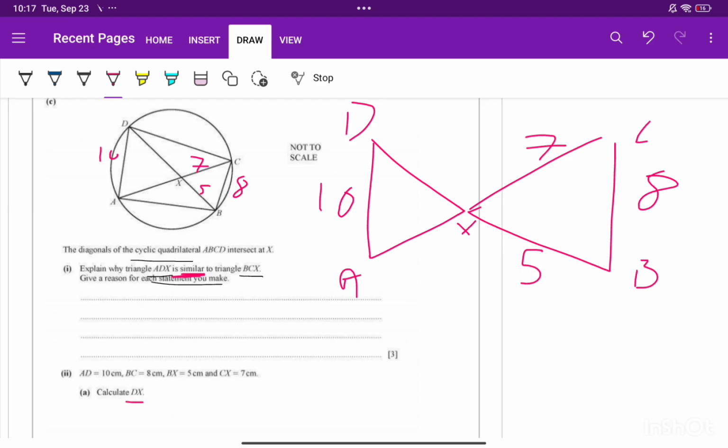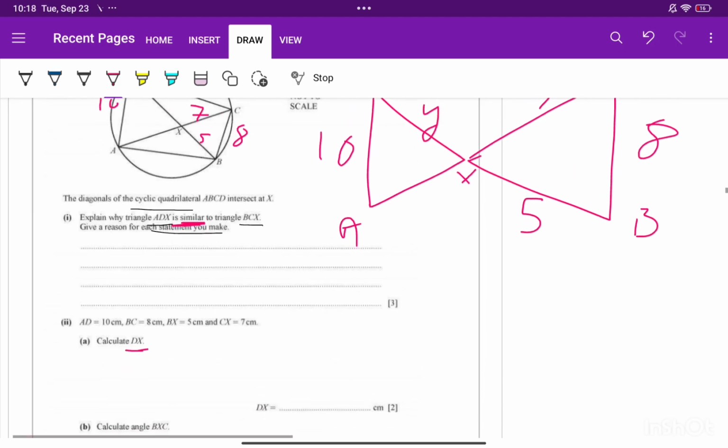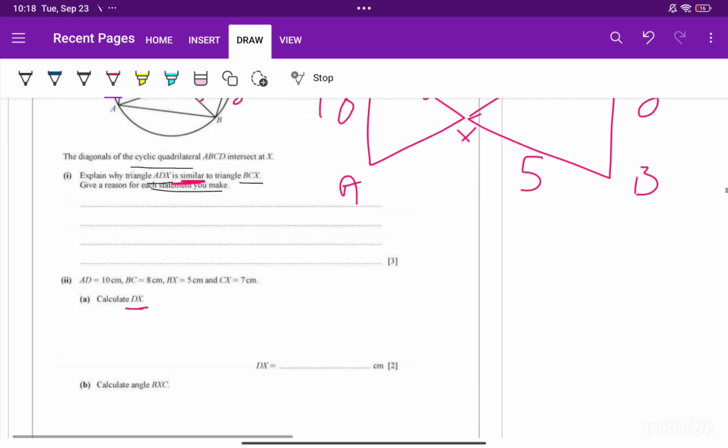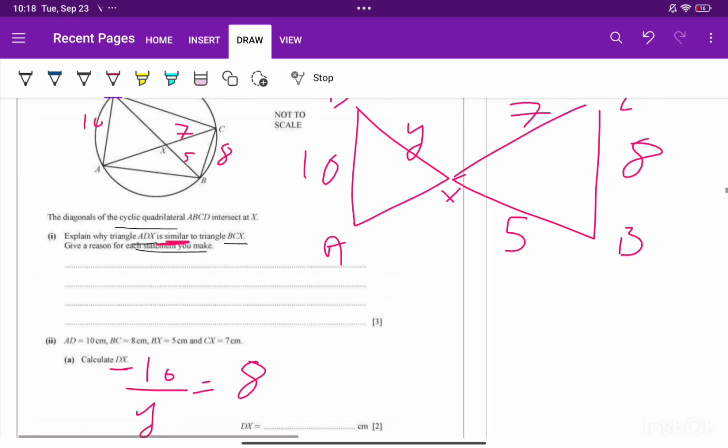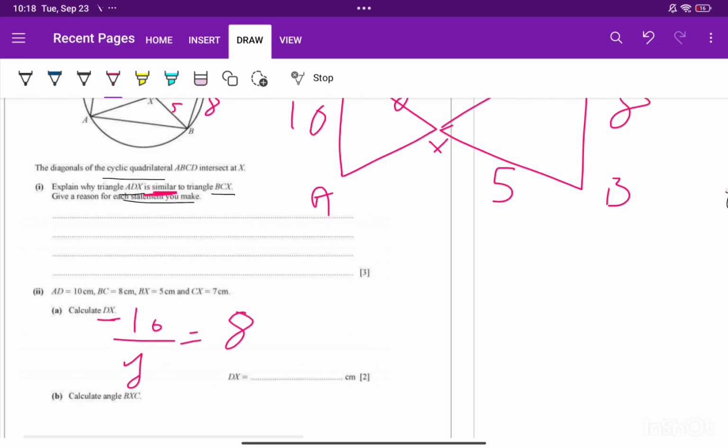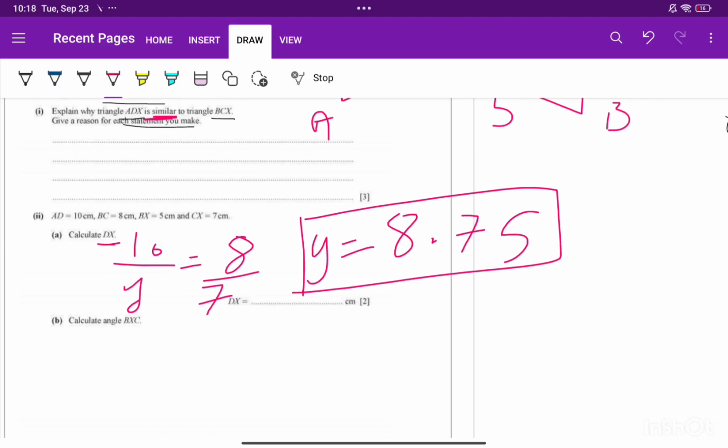So we need to find DX. For example, we take DX as y. So we can write 10 divided by y is equal to 8 divided by 7. We will cross multiply, and y will be 8.75.